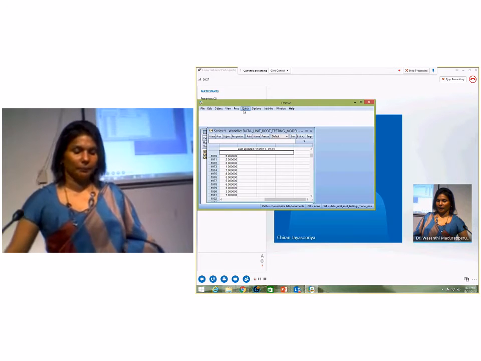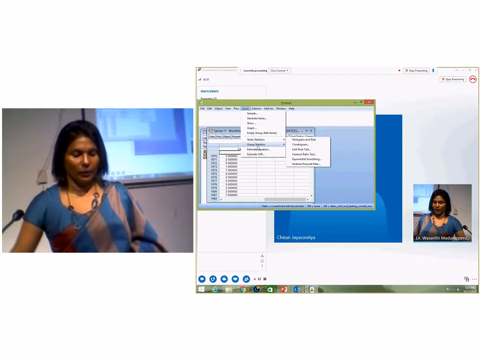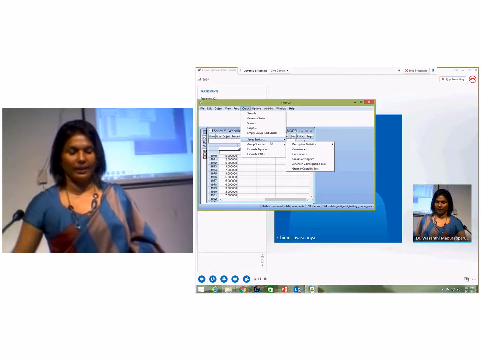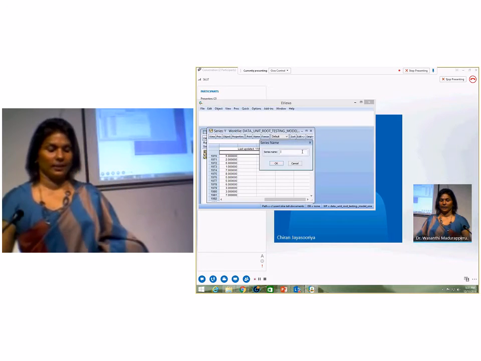Right, go to Quick, Series Statistics, Unit Root Test.